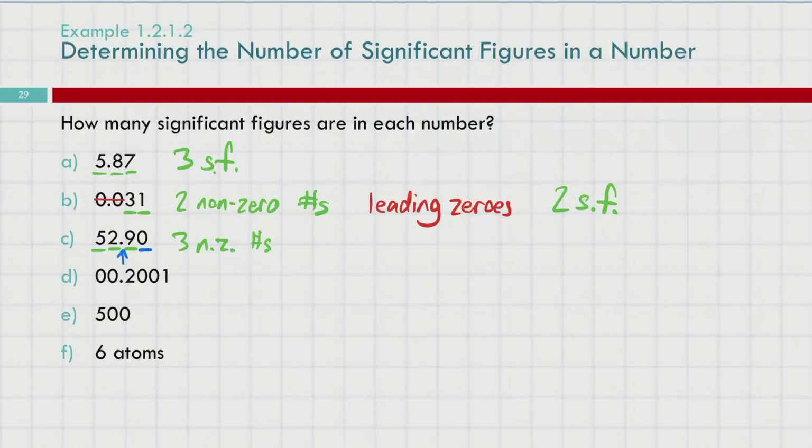What does that mean? Is it significant or not significant? It is significant. So we have 1 significant 0. So we have 4 significant figures for C.